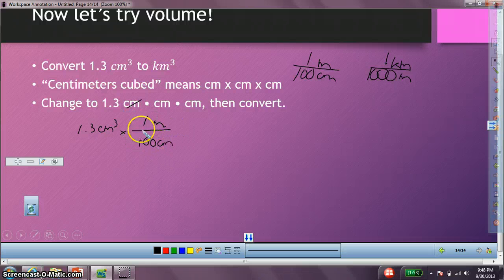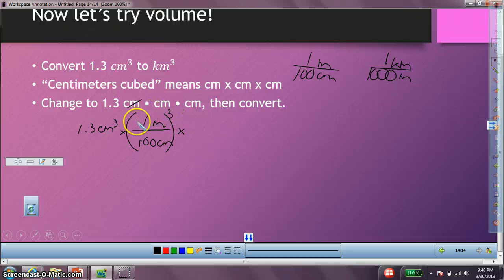In order to eliminate the other two, we're going to have to cube the conversion factor. We could multiply by it 2 more times, but it would be easier just to cube it. And cubing the conversion factor cubes every single thing inside the conversion factor.